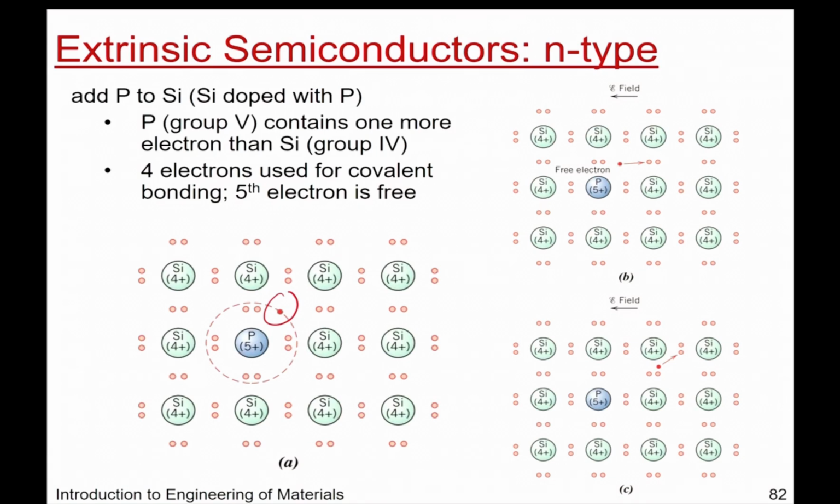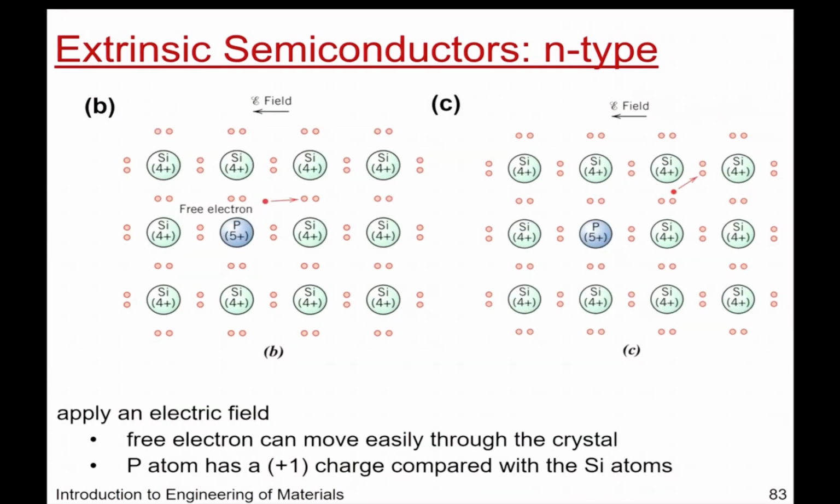Now this extra electron can migrate through the system, and if you apply an electric field, right, and you introduce some bias, the electron is going to gravitate towards the positive side and be able to migrate that way. Okay. So this 5th electron is free, so it's not bound. And of course, the phosphorus atom has a +1 charge as compared to the silicon atoms.